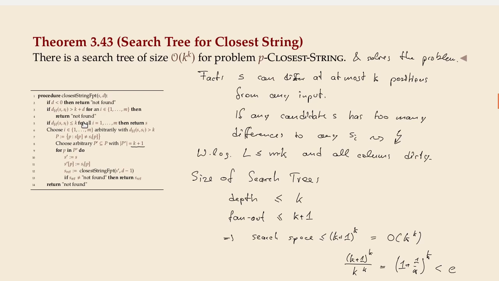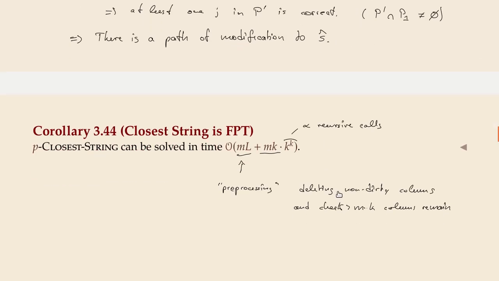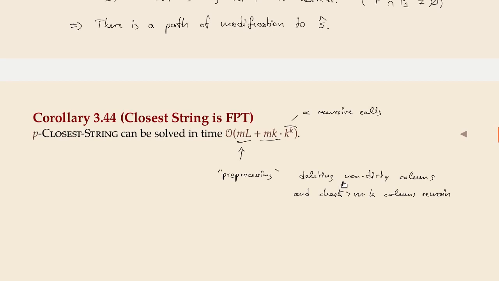I'm just wondering whether there's an m squared actually, because we have m strings, each of length m times k. Since it's an O, we can certainly add that, even if I'm mistaken at this moment.